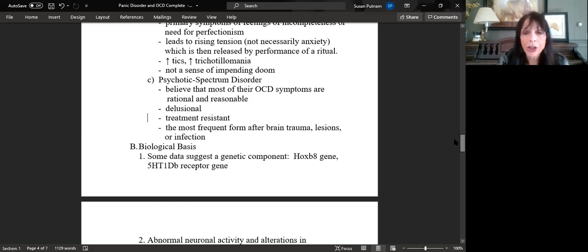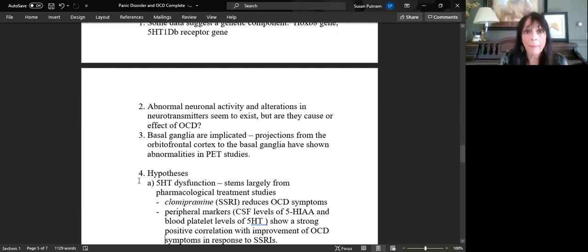Now, if this gene is affected or it has certain characteristics, it's possible that it may predispose somebody to OCD.